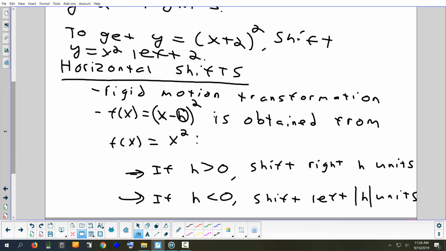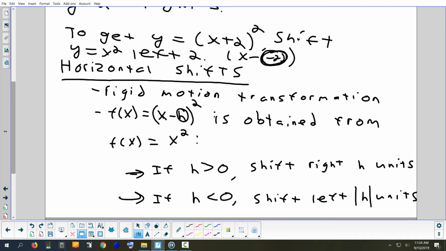Think about it like this: x minus -2. The number after the minus sign, well, there is no minus, it's a plus. But you could make it a minus by doing x minus -2. Now look at the number after the minus sign: -2. -2 goes left 2 units.